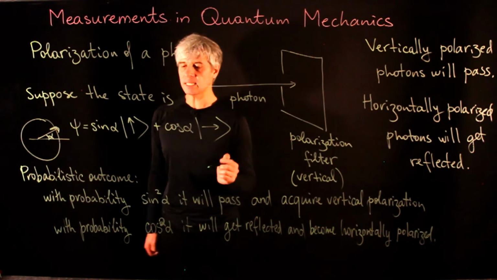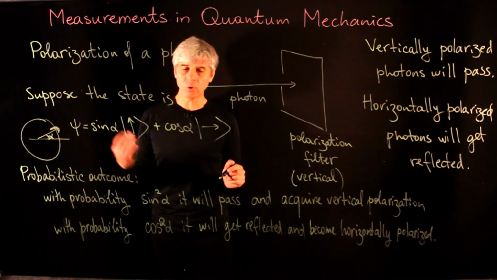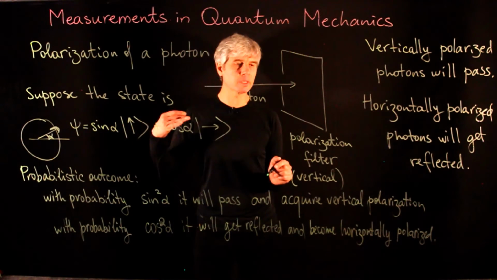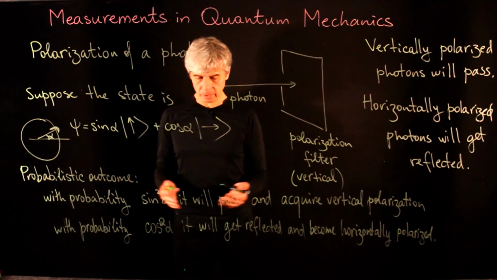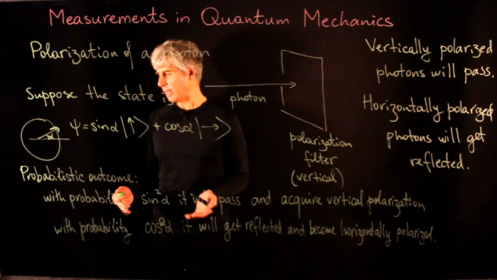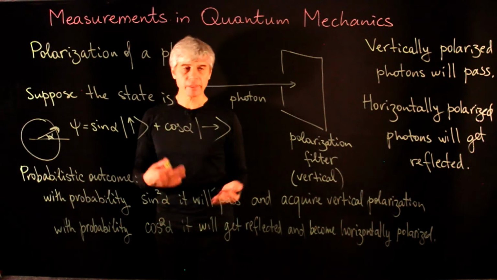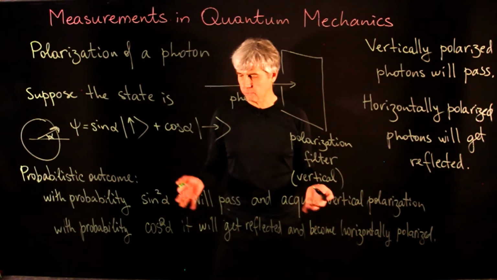So it's much easier to generate a beam of photons in an identical polarization state. And so then, for each photon, the outcome is probabilistic, but then we get laws of large numbers.